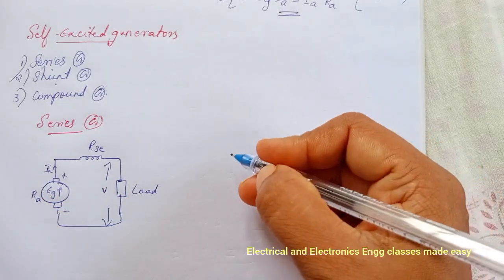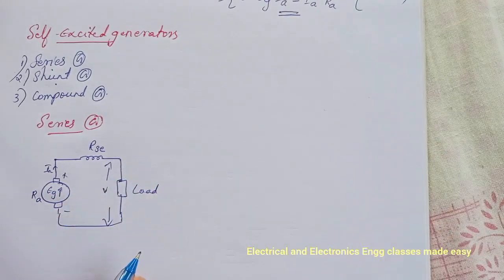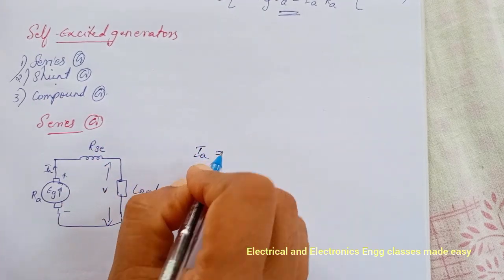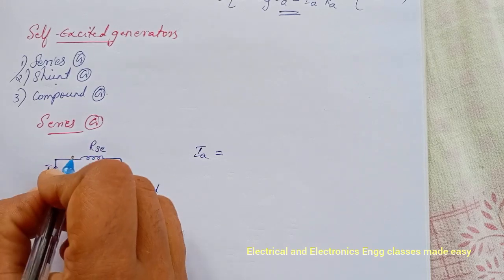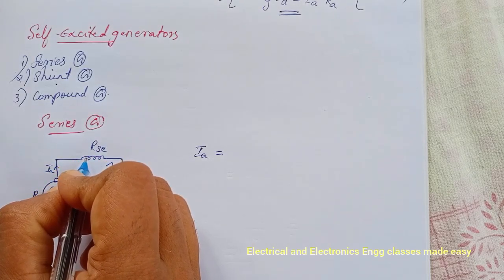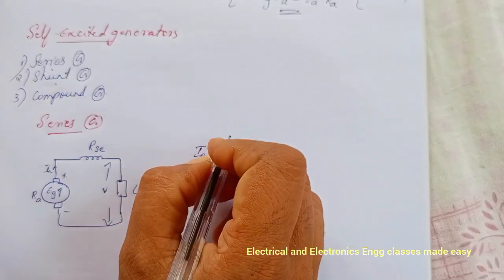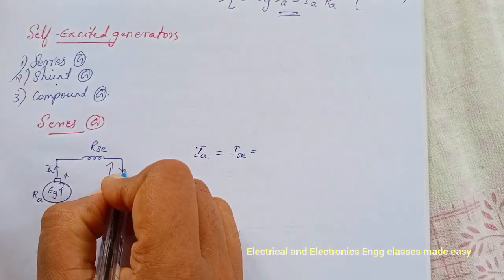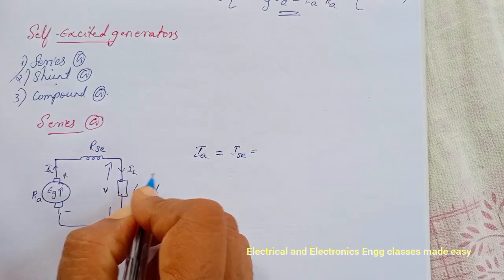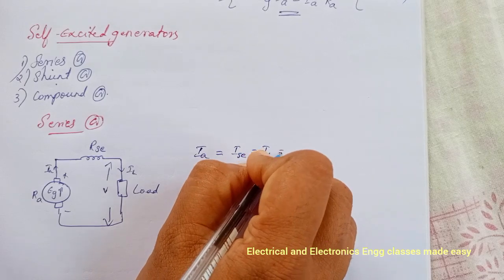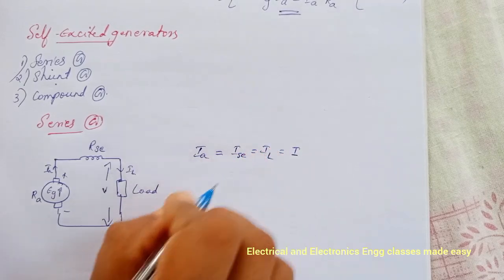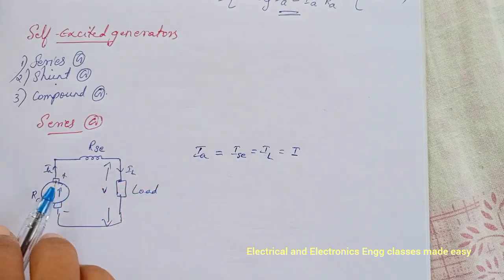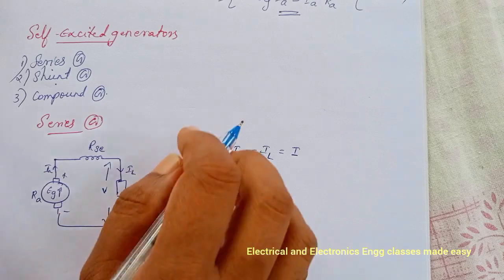Then here we can write this armature current Ia. Ia is equal to the current flowing through the series winding, that is Ise, and which is equal to IL, that is the load current, and we can represent it with the capital letter I. So armature current Ia is same as the load current.